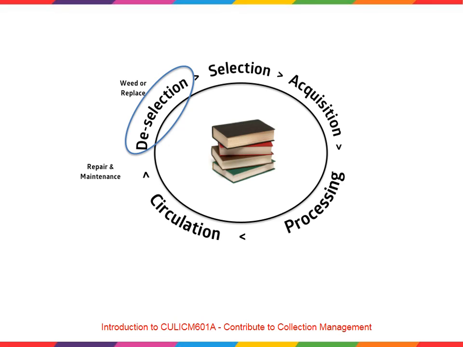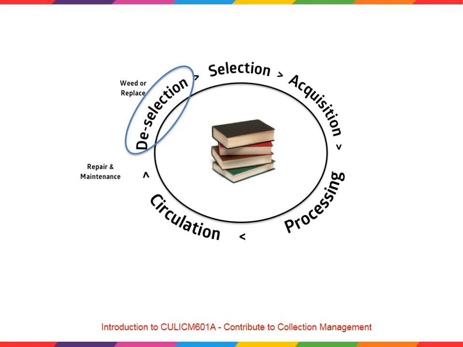And if not, then there are all sorts of decisions that need to have been made in advance about disposal processes. Do deselected items or weeded items get passed on to other libraries? Do they get sold? Do they get passed on to charity organisations? Are they de-identified and destroyed? These are all decisions that need to have been made at a policy level and will inform the practice.